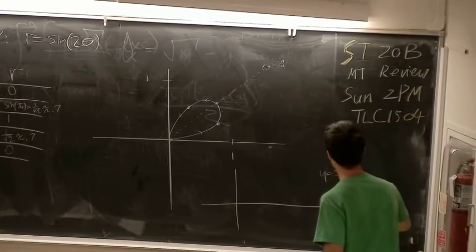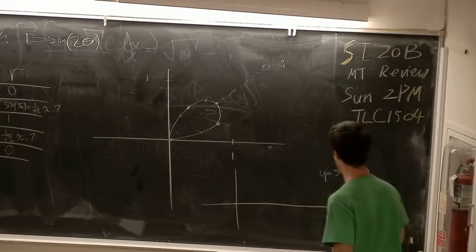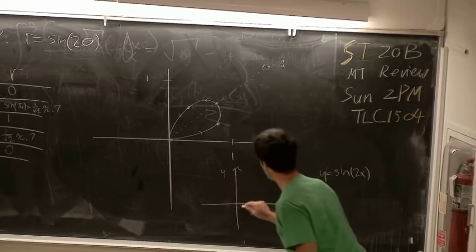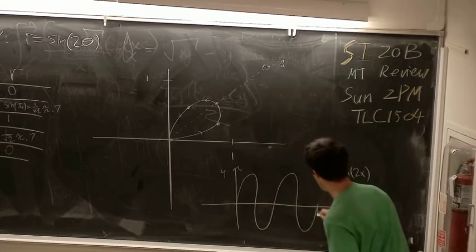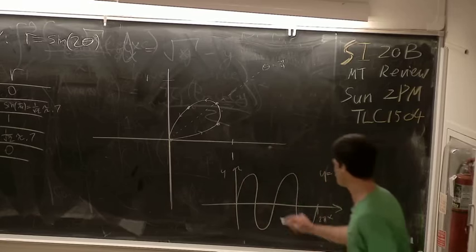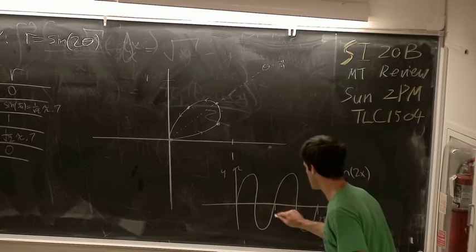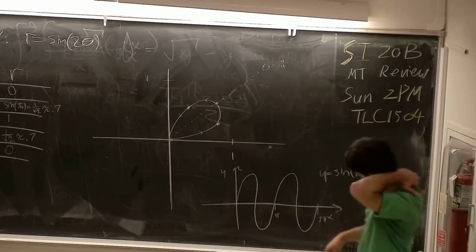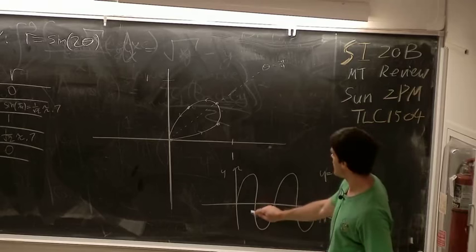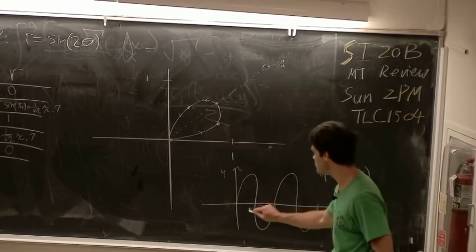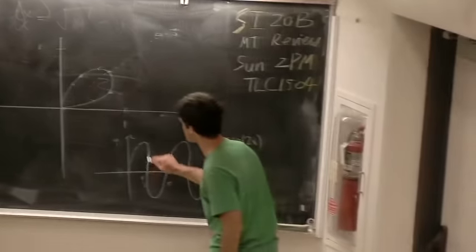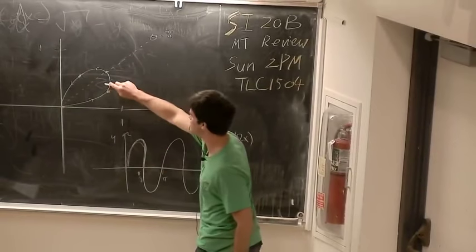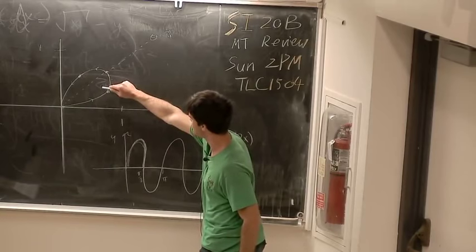Let's graph sine of 2x, for example, which looks like this. If this is 2 pi, this is pi. Now, I only went as far as pi over 2 so far in my table. So that first bump gave me my first lobe here.